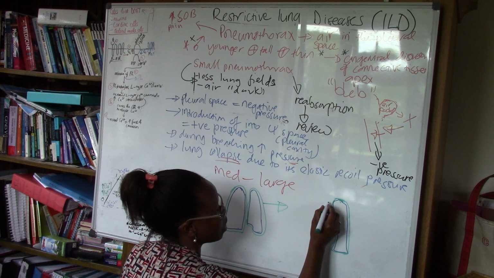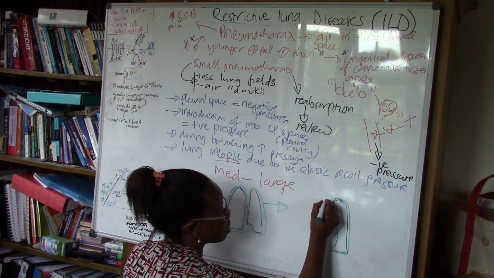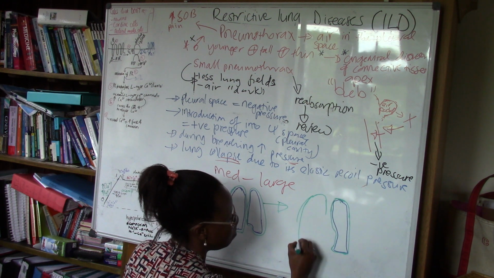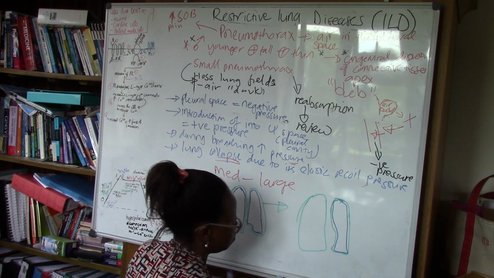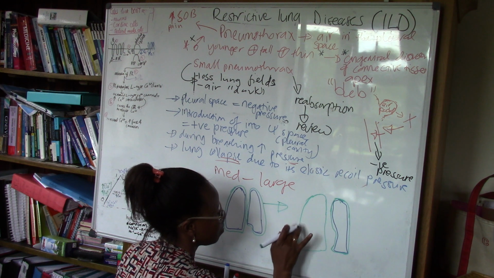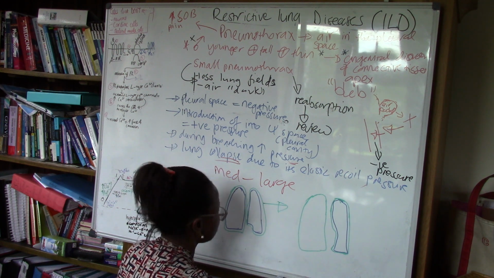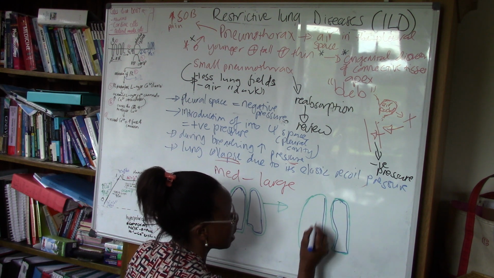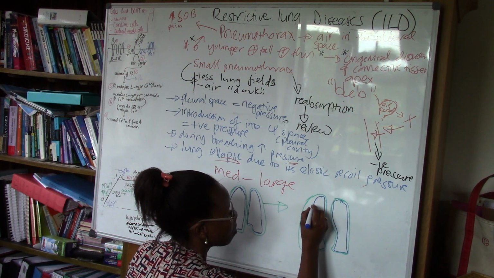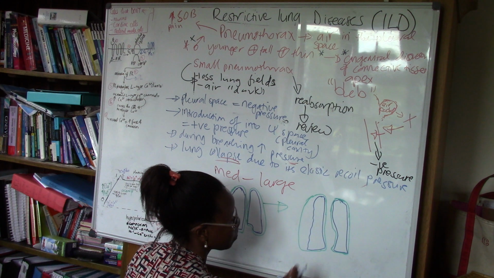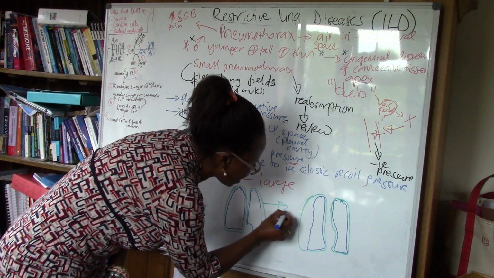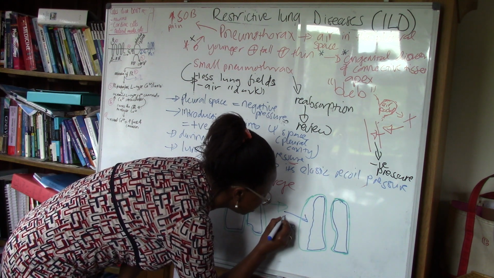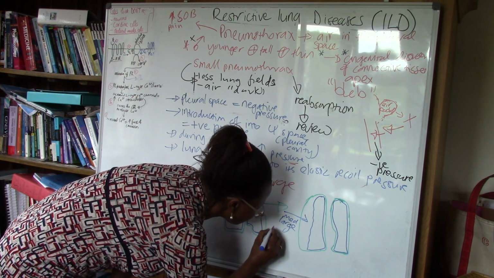However, in the right, because of that introduced space, the lung will start to collapse. So this is a large or medium large pneumothorax.